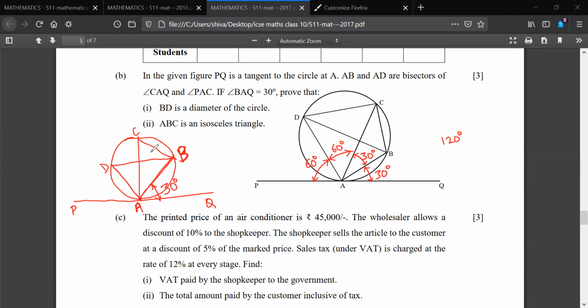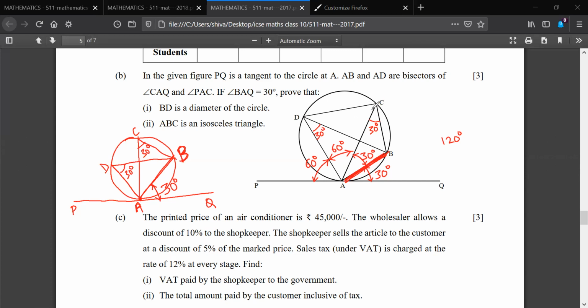No, sir. So if this is 30 degree, this angle would be 30 degree and this angle would also be 30 degree. What this says is that if I consider this to be the chord, this angle would be 30 degree, and also this angle would be 30 degree. Is it okay? Yes, sir.